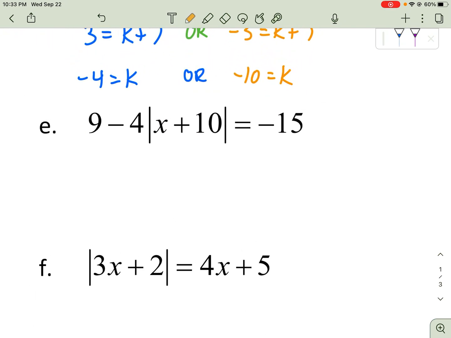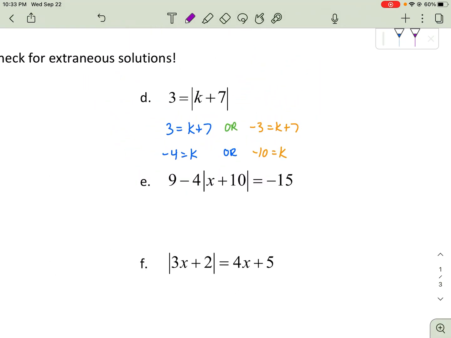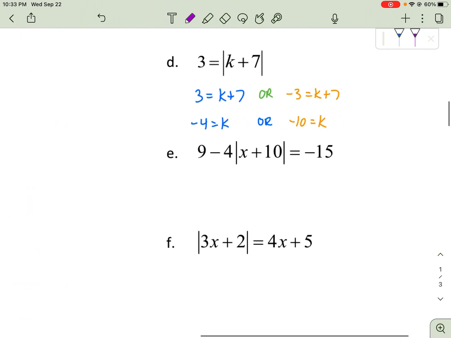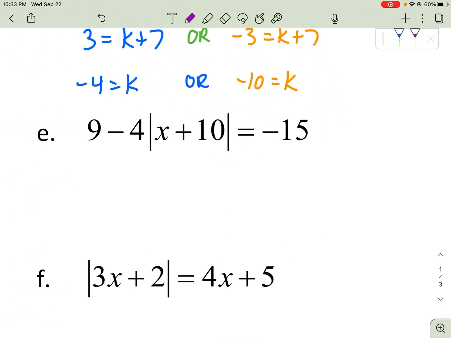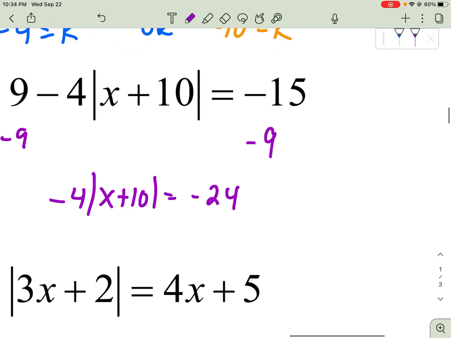All right, this one gets slightly more complicated here. Before you can do what we've done on all these other problems, you have to get the absolute value by itself. So first we got to get rid of this 9. So subtract 9, and you get negative 4 times the absolute value of x plus 10 is equal to negative 24.